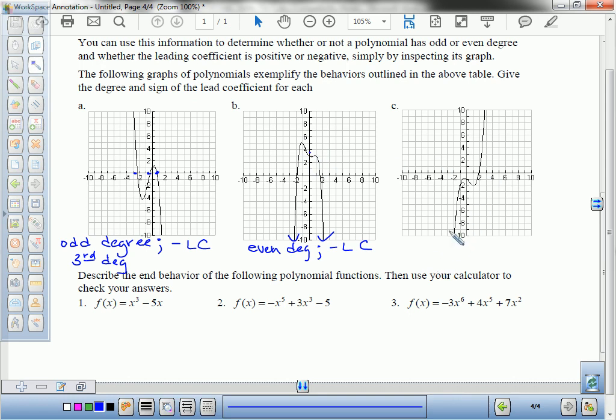All right, this one. What are the ends doing? Opposite, so it is odd. And it's falling to the left and rising to the right. Positive.